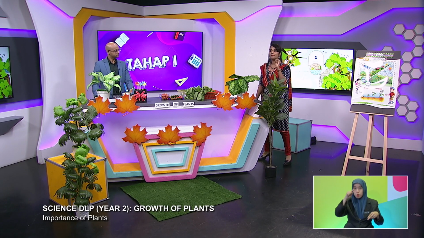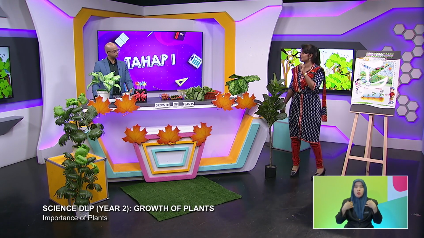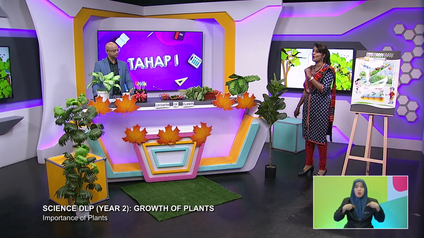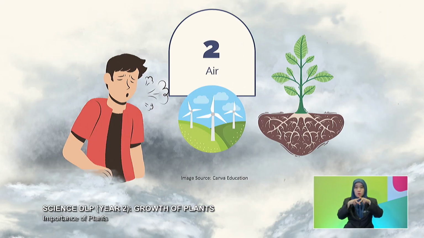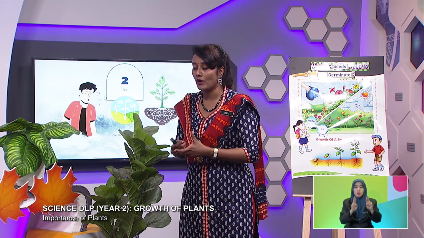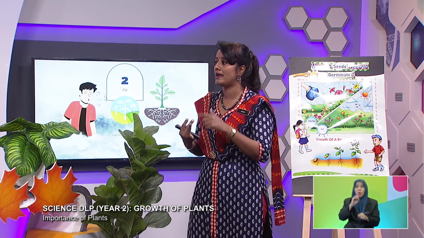Habitat means the place where animals stay. Plants are very important for animals to live on, and they also produce air. We can say it's oxygen. Oxygen is needed by humans and animals.